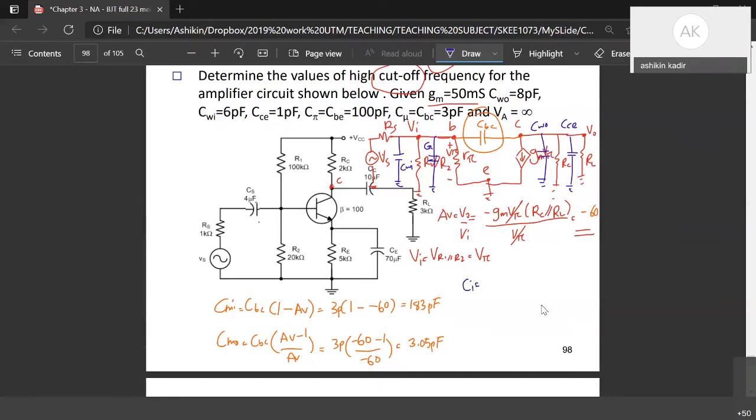So CI equals CWI plus C pi plus C Miller input, and then C output equals CW out plus CCE plus C Miller output. And then you can find the FCI and also FC out.